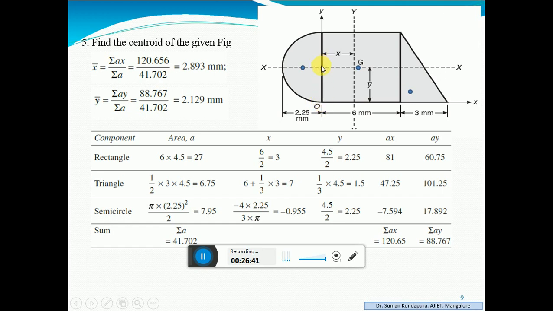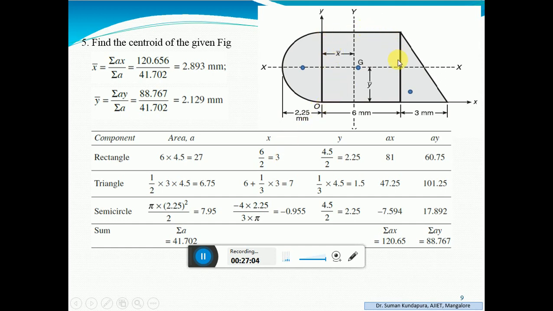So the x bar distance will be on this side, that is, it will be minus. That is one thing you have to take care of when you come to the semicircle. The other two are lying in the positive x and y quadrant, so no other minus terms come into the picture. Okay, now we'll move on to each component.